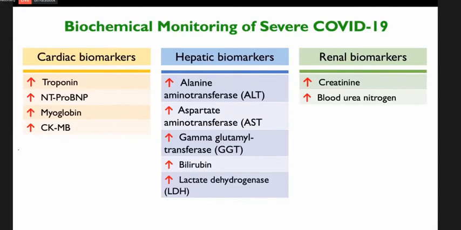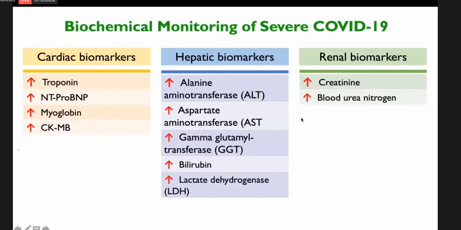cytokine-driven myocardial damage. Also, recent evidence suggests that liver dysfunction may be very common in severe COVID-19 patients. Several large-scale hospital studies have reported elevation of various liver enzymes like AST, ALT, and gamma-GT.